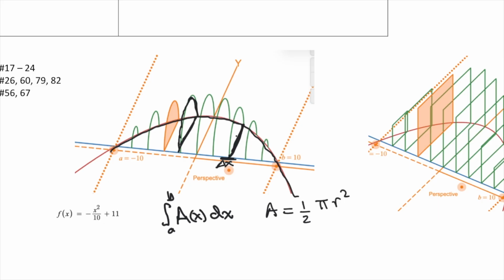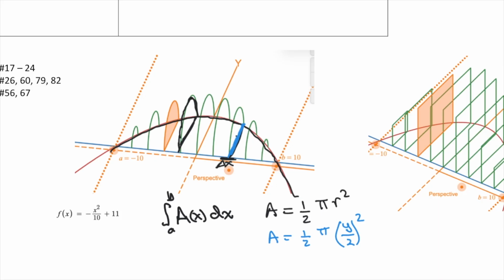Now, unfortunately, as you can see, the way this is drawn, it is a y value that is the diameter of this particular picture. So we know that the area is 1/2 pi, but it's not the radius, it's the diameter. So we're going to take the y value and cut it in half squared.